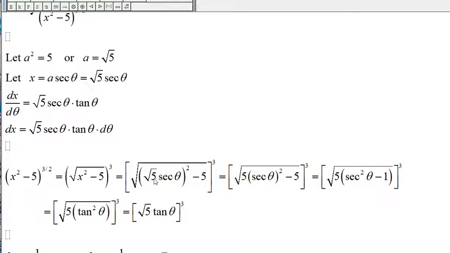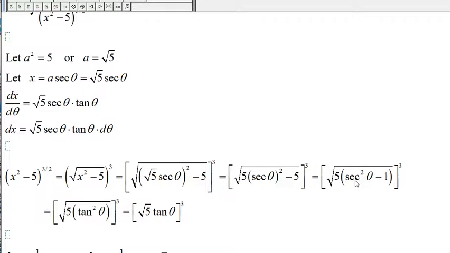The square root of 5 times secant, squared, is 5 secant squared. Common factor is 5, so we have 5 times (secant squared of theta minus 1).